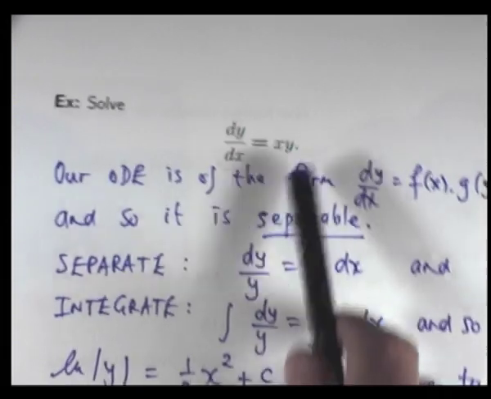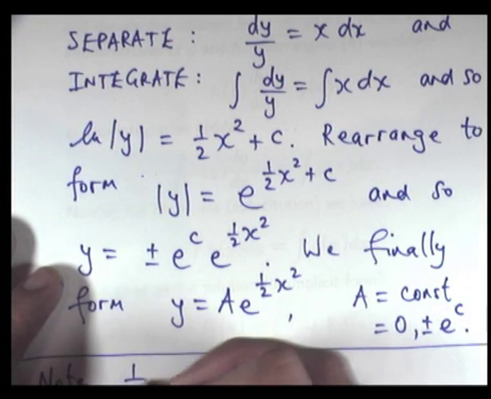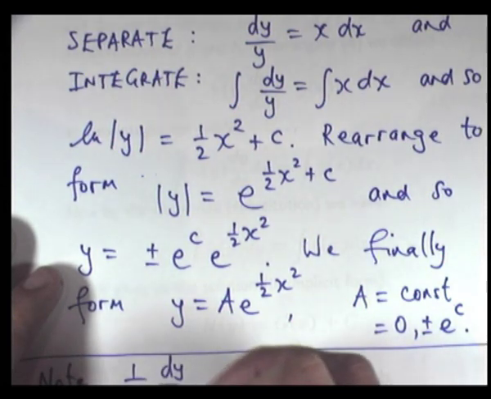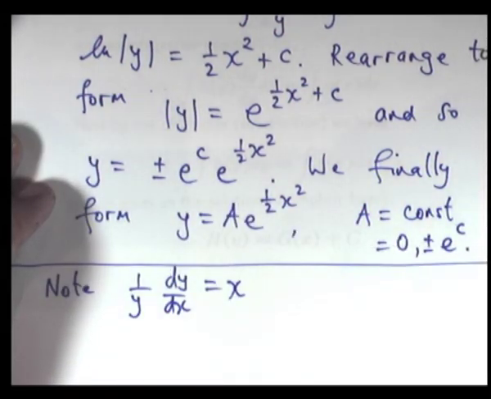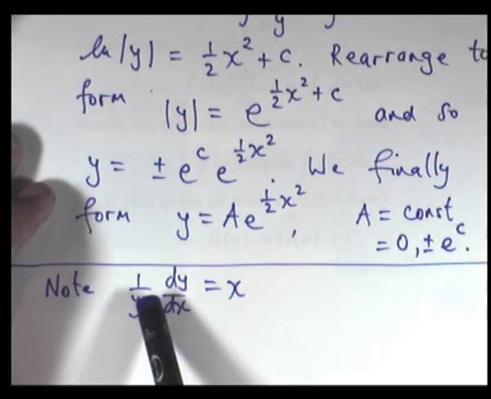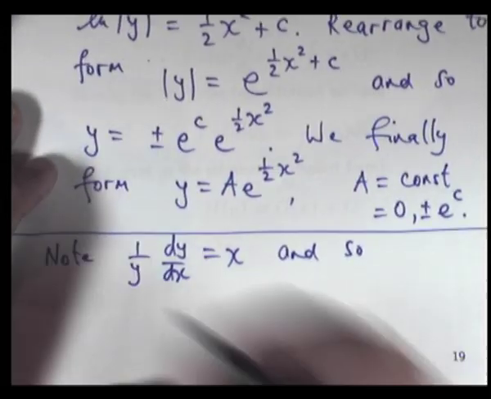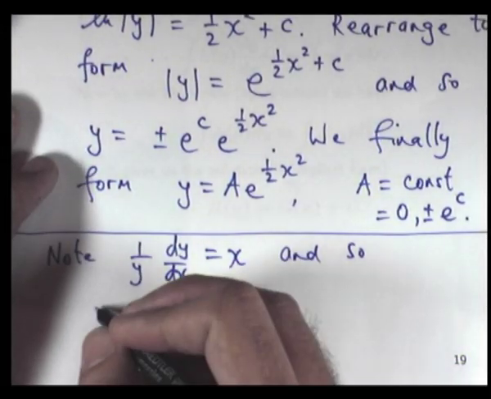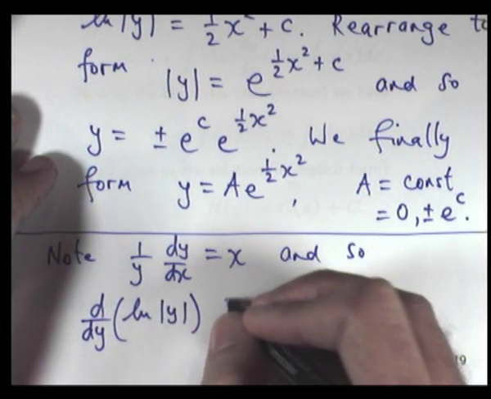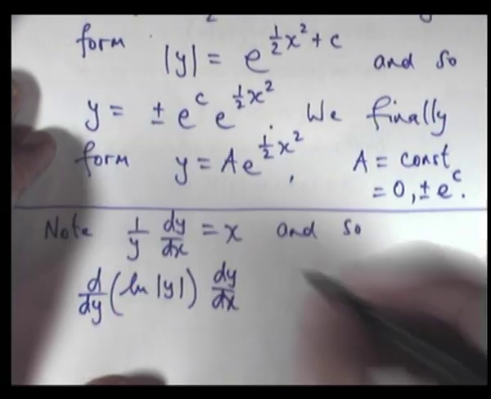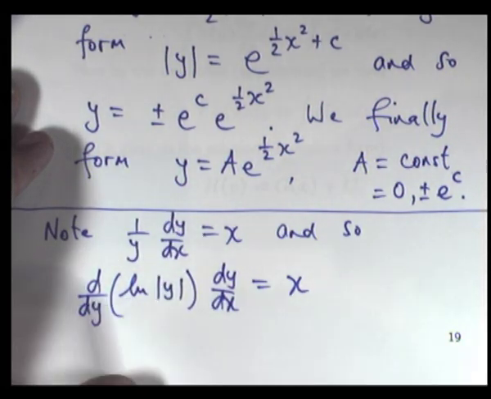I'm going to bring the y down here to form 1 on y dy dx equals x. Now, 1 on y is just the derivative of log y. So I've just replaced this with d of log y dy.